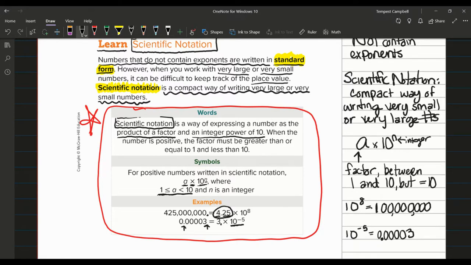We put our decimal here because that tells us that we went from here 1, 2, 3, 4, 5 places. Same thing with the 10,000. We're going from here 10 places. Oh, I shouldn't have a 3 there. I should have a 1.